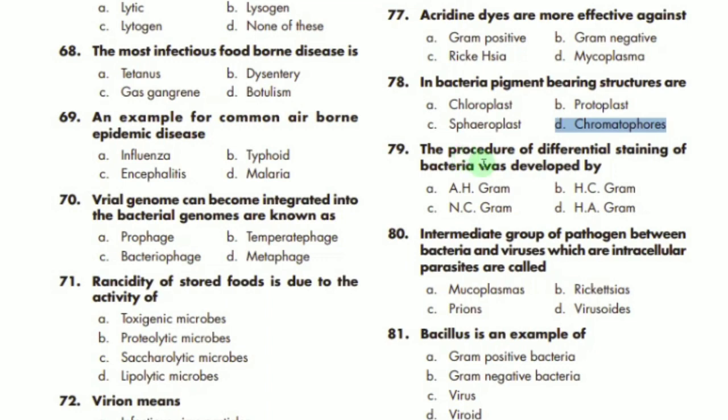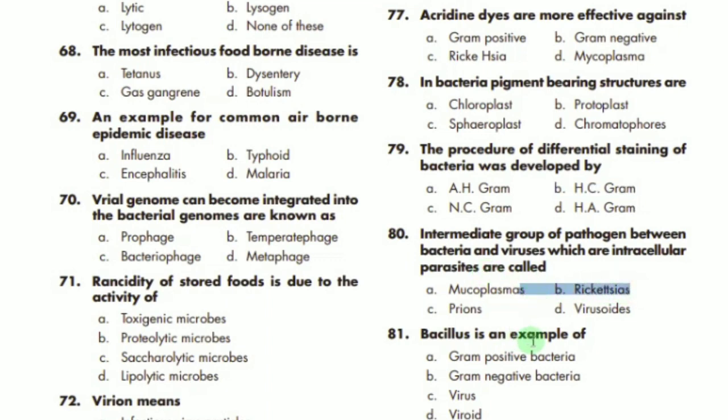The procedure of differential staining of bacteria was developed by, so it was developed by HC Gram. B is the correct option. 80 MCQ says that intermediate group of pathogens between bacteria and virus, which are intracellular parasites, what we call that? We mostly call that rickettsia. B is the correct option.